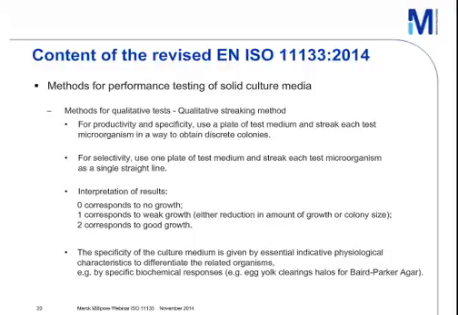So that means for selectivity you could use more than one microorganism on one plate. Results have to be interpreted: 0 corresponds to no growth, 1 to weak growth, either reduction in amount of growth or colony size, and 2 corresponds to good growth.